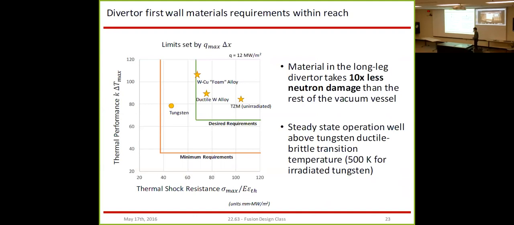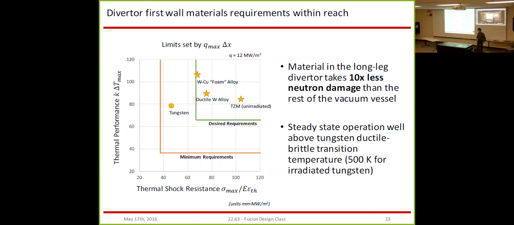And we were also interested in the thermal performance, which is a function of the thermal conductivity, K, as well as the maximum temperature that the material could take, which is represented as delta T max here.